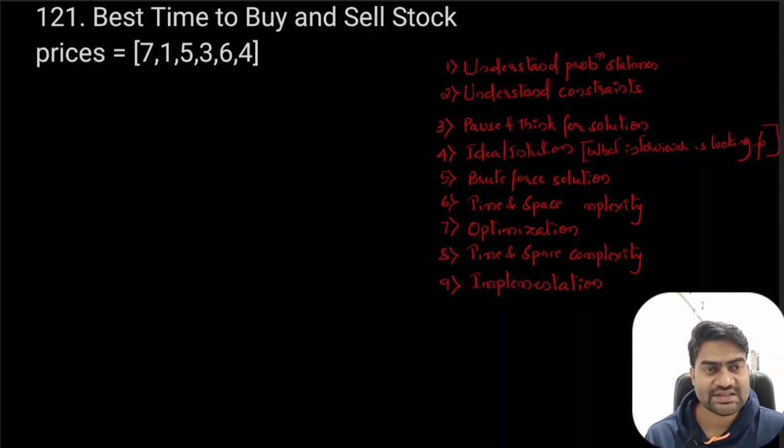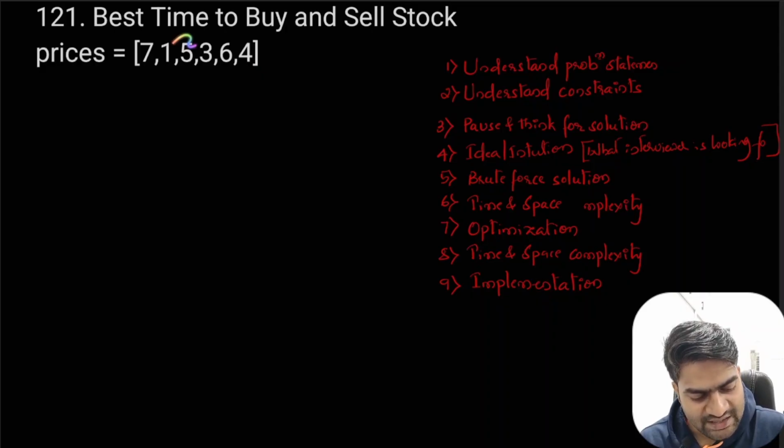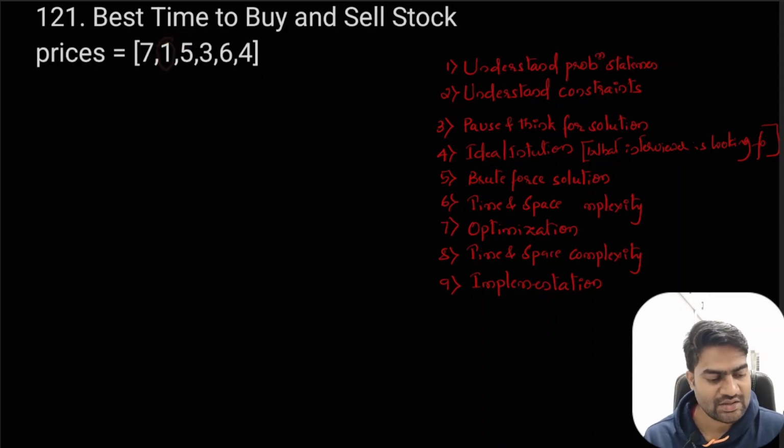In this example, I can buy the stock on this particular day for price 1, and then if I sell it on this particular day for price 6, my profit will be 5. If you try other scenarios, buying on this day and selling here gives 4, which is not the maximum.